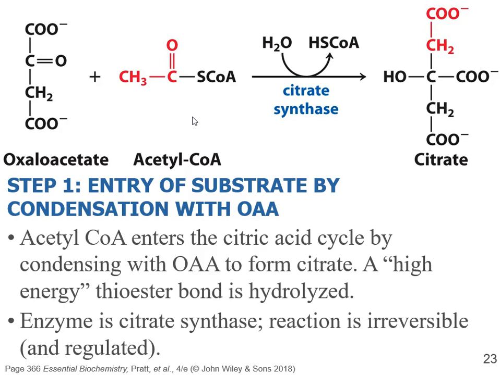But with the hydrolysis of that thioester bond, we can make that happen. So the enzyme is citrate synthase. So just to keep our enzyme names straight, we are synthesizing citrate. So that's where the synthase comes from. There are other enzymes called synthetases, but those enzymes involve ATP, and this one doesn't. So this is called a synthase.